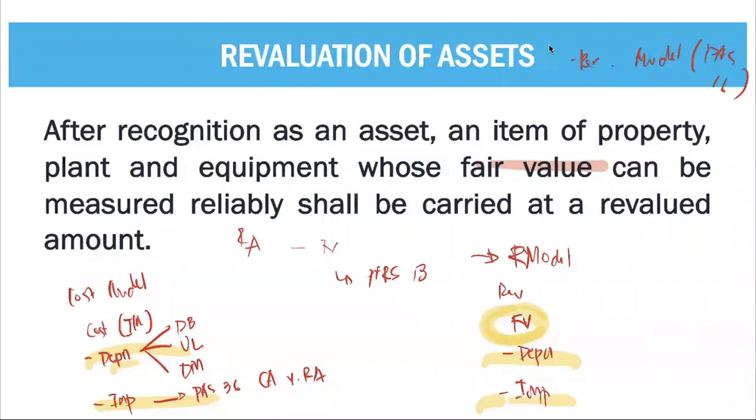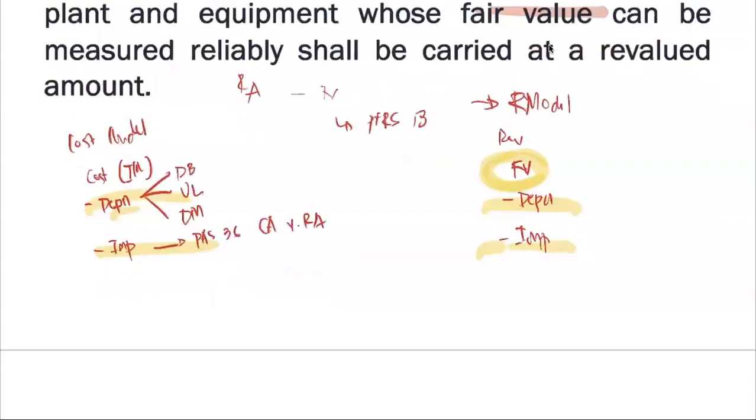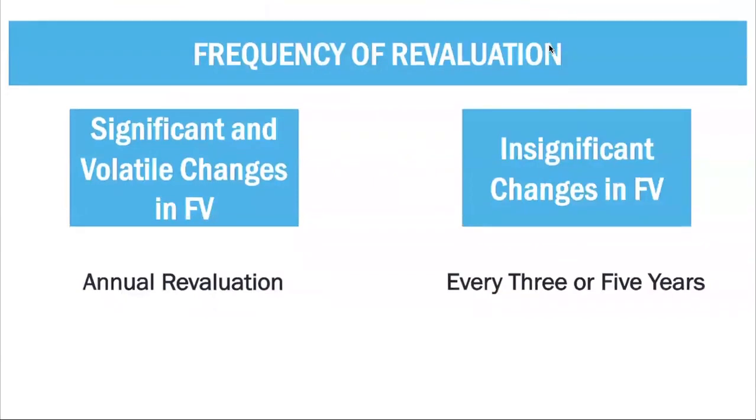So what are the treatments and how do we account for your revaluation? First, frequency of revaluation. How many times can we revalue? If there are significant and volatile changes in fair value, you should revalue annually.